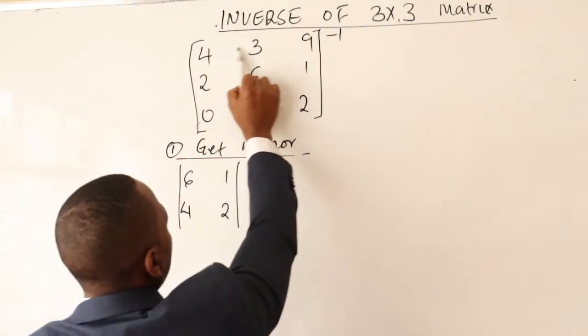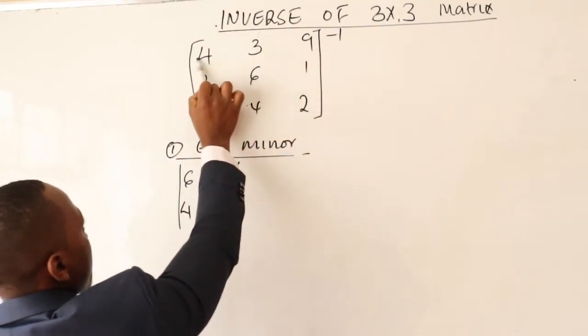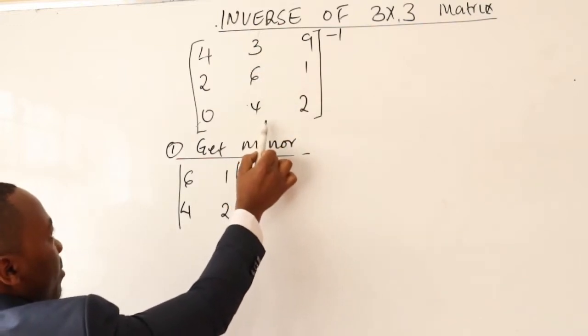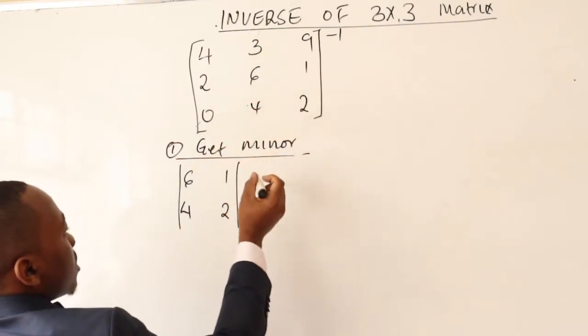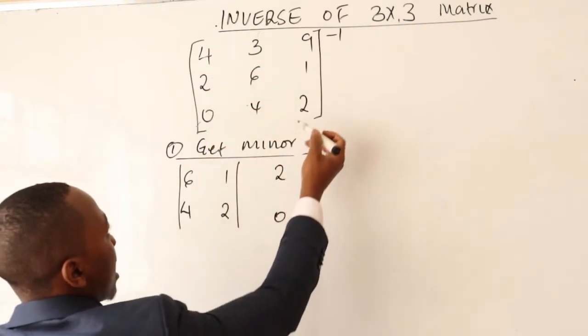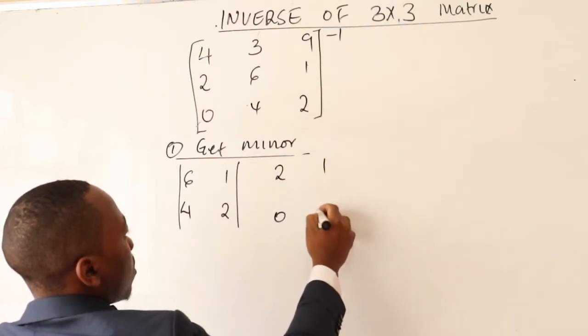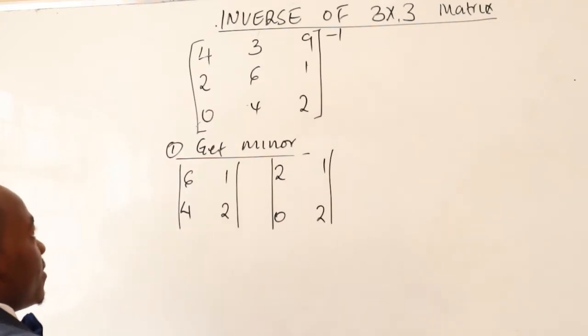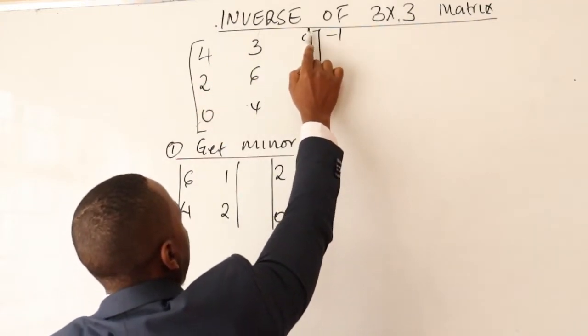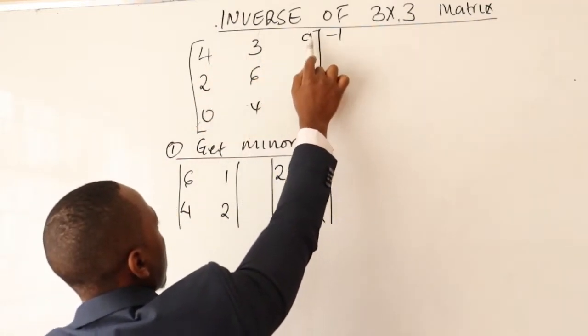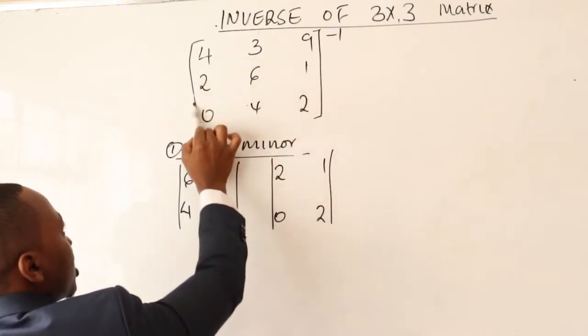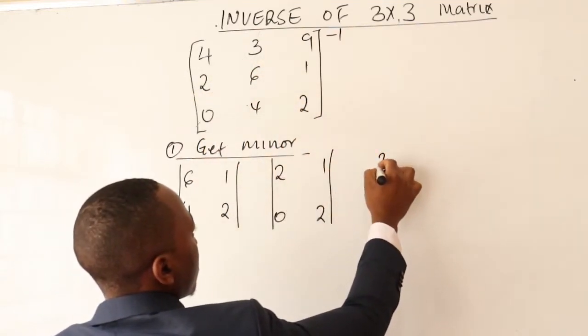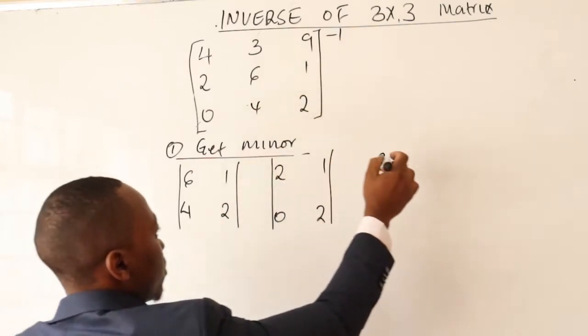Then you take first row, second column. The untouched numbers you have are 2, 0, and then 1, 2. Then we have first row, third column. The untouched numbers we have are 2, 0, and then 6, 4.